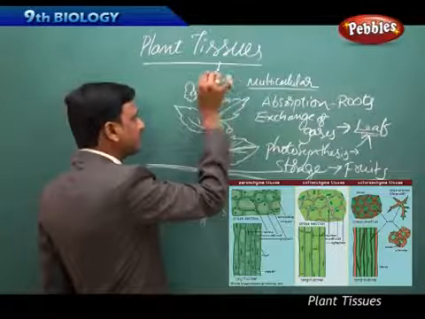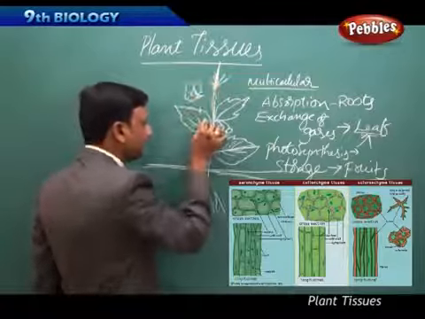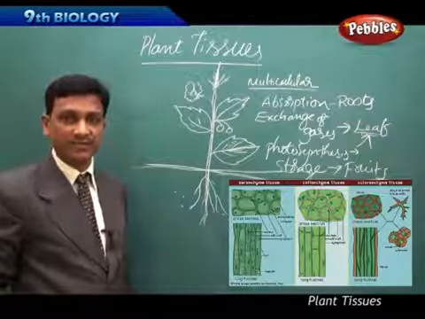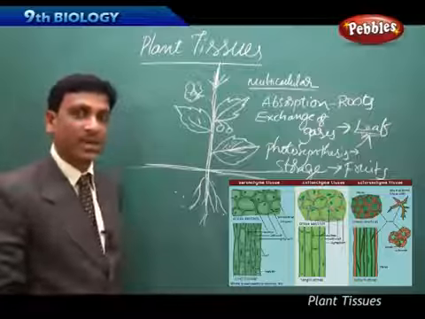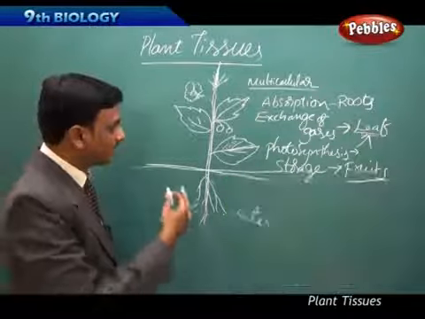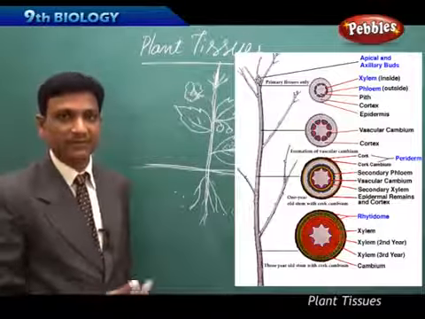These tissues are different from the tissues in flower and different from the tissues in leaf. So different parts of a multicellular organism are made up of different kinds of tissues. Why? Because a specific tissue can perform a specific function.